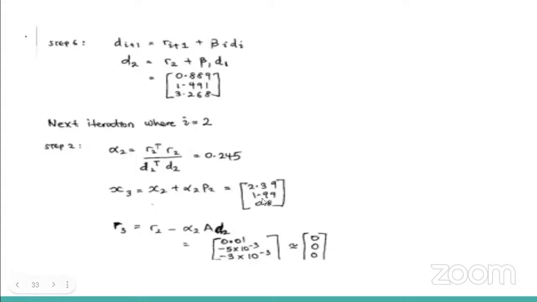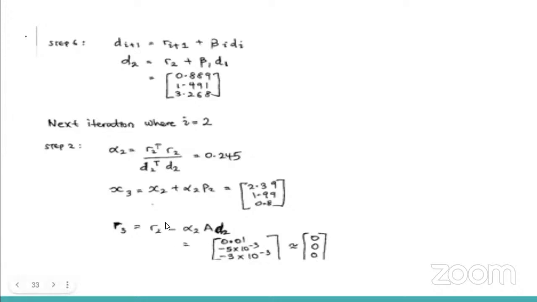For the x3, we have what? 2.39, 1.99, 0.8. Looking at this r, the moment your r starts to converge, that's your residual vector. Once it starts converging, you can see this is 0.1, this is minus 5 times 10 raised to power minus 3, so when you convert it, it is 0.000 like that. Approximately, you can get 0, 0, 0.